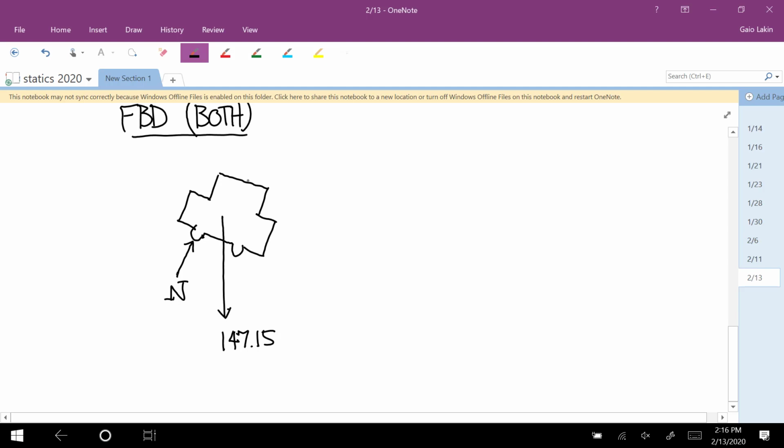And then you have the 100 Newton force. And then you have the cable force that's horizontal. And that's everything.